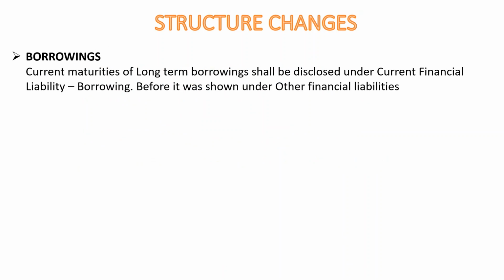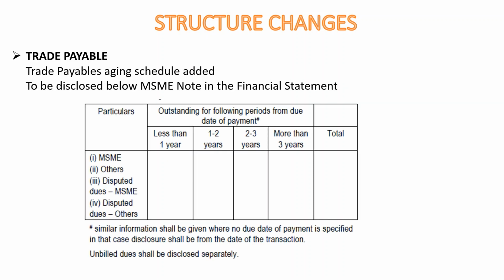Current maturities of long-term borrowings shall be disclosed under current financial liabilities; before, it was shown under other financial liabilities. Like trade receivable, now even in trade payable, ageing needs to be disclosed. This is to be disclosed after the MSME note in the financial statement.